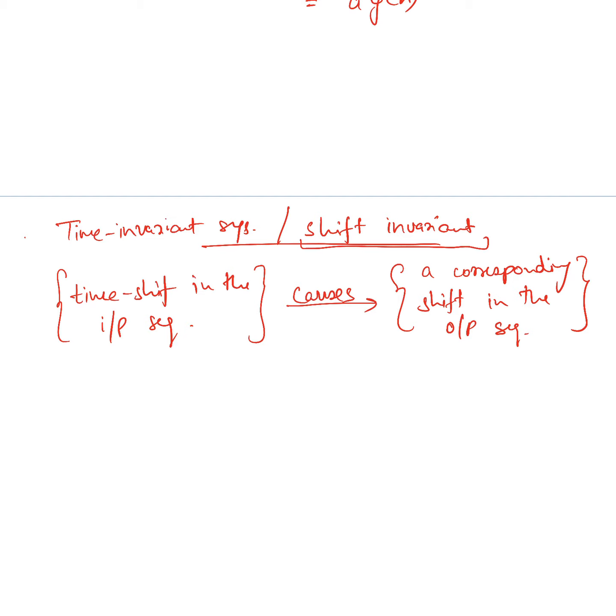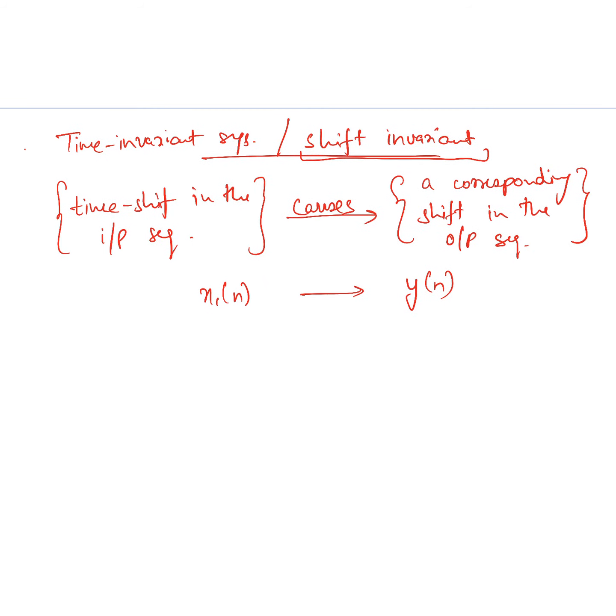Meaning to say, if I have this x1 of n, which gives me the output y1 of n, so if I shift the input x1 by some n naught samples, then the output should also be shifted by the same number of samples, that is n naught, for all values of n naught.